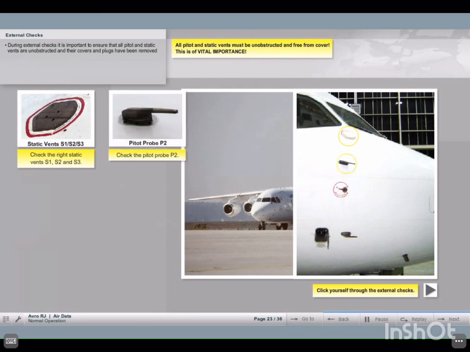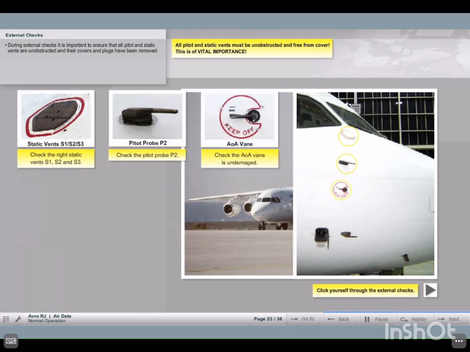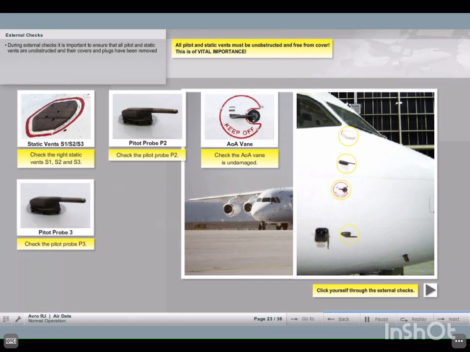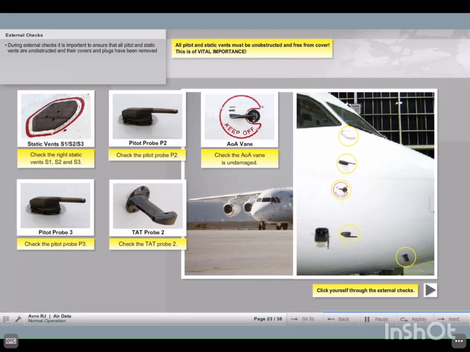Check the pitot probe P2. Check AOA vane is undamaged. Check the pitot probe P3. Check the TAT probe 2.